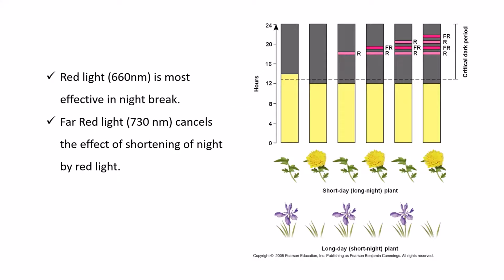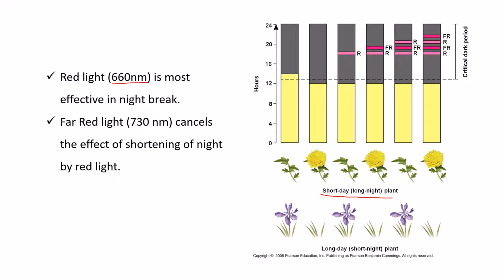This is a very important concept: how red light and far red light influence flowering in short day plants and long day plants. See here, red light at 660 nanometer is most effective in night break. In short day plants, you can see that these yellow flower plants are short day plants.